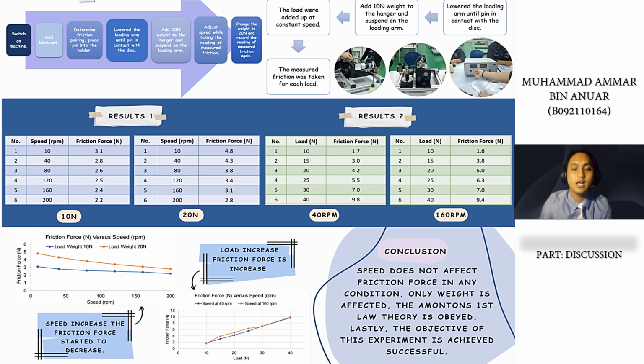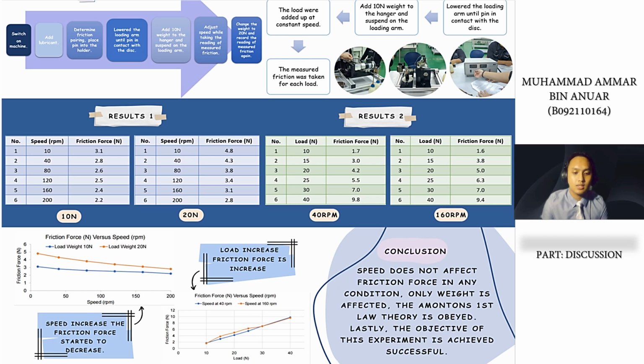Based on the first law, which is Amontons' law, friction depends on the load. So when load increases, so does the friction force. We know that velocity or area of contact does not affect the frictional force. During this lab, the discussion part and the result are not crucial because there is no calculation in this lab.